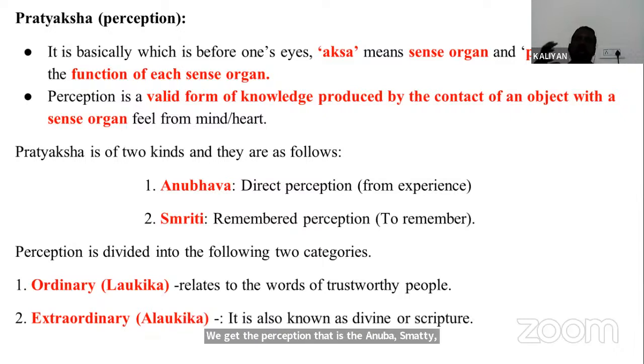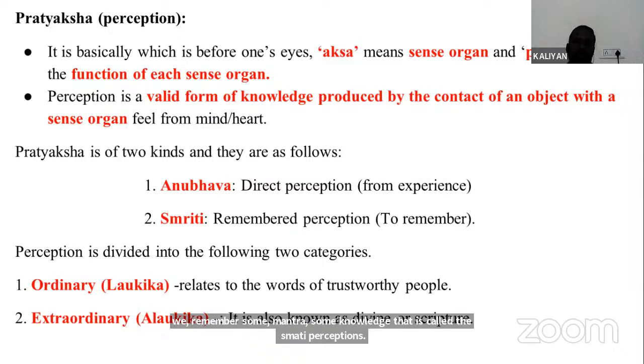So when we remember some mantra or some knowledge, that is called Smriti perception. Perception is again divided into two categories: ordinary and extraordinary.